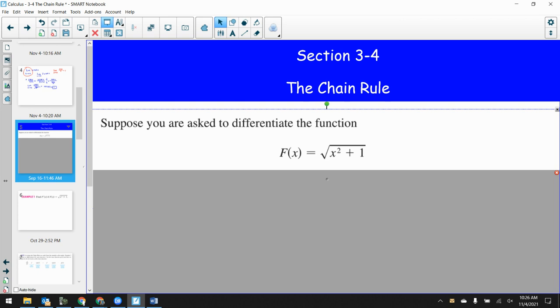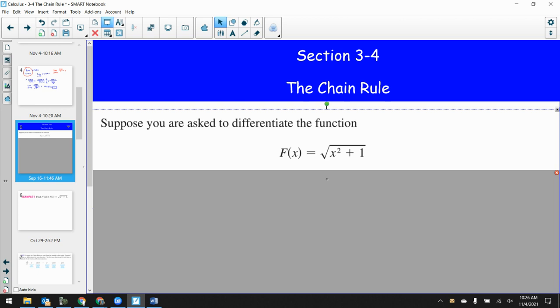If I broke it up, I know how to find the derivative of x squared plus 1, and I know how to find the derivative using a square root. But if it's combined like that, do I really know how to find the derivative? I don't really know what to do because it's kind of like two functions in one.